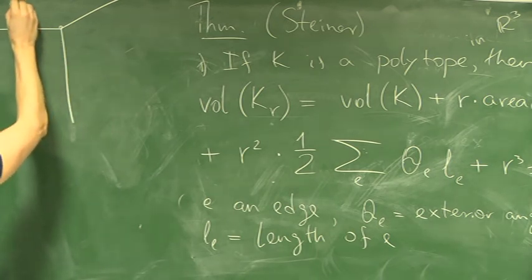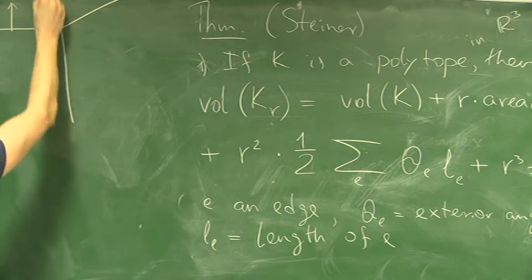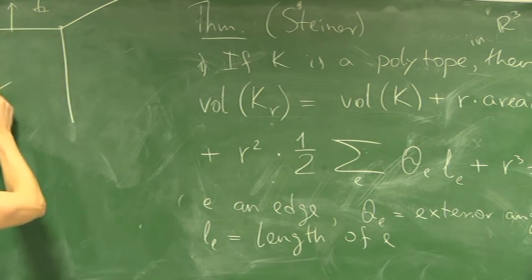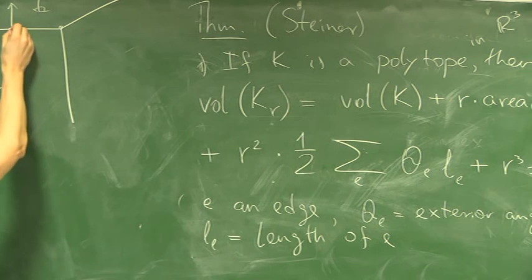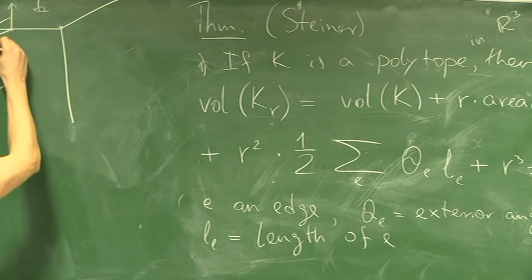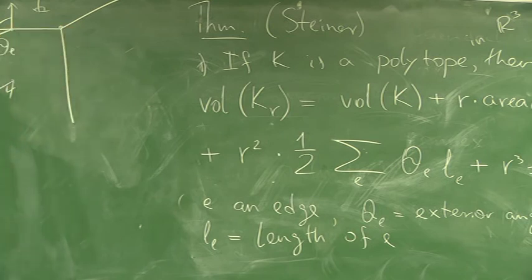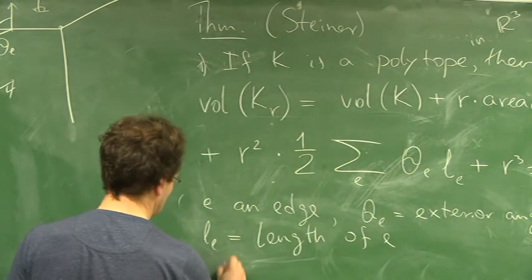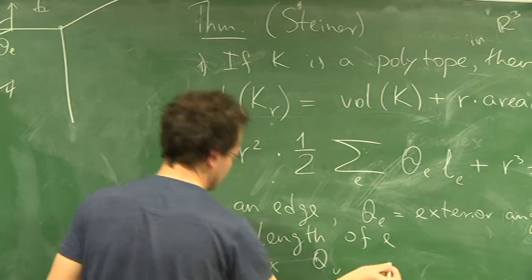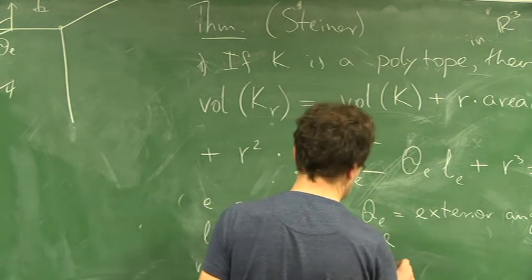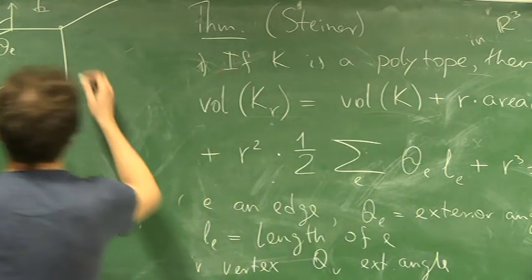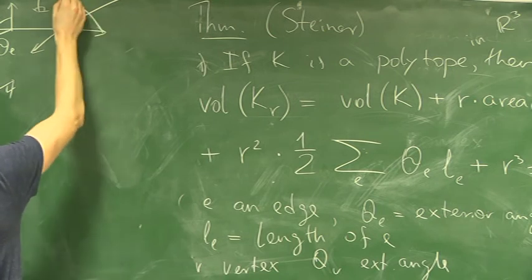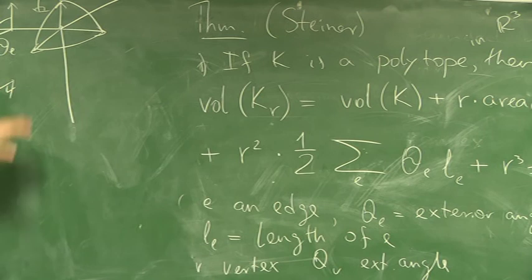So then for this edge, what we are taking is the normal to this top face, and here I take the normal to this face, and so when I put them here, then this angle is theta E, and this was the edge E. Now V is the vertex, and theta V is again the exterior angle at this vertex, which is in this case the angle spanned by the three normals to the faces.